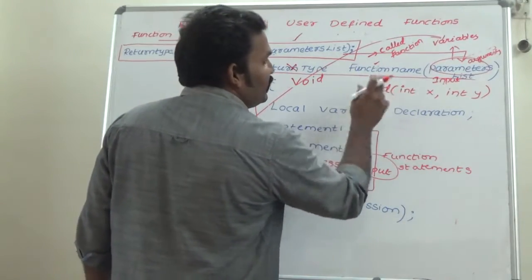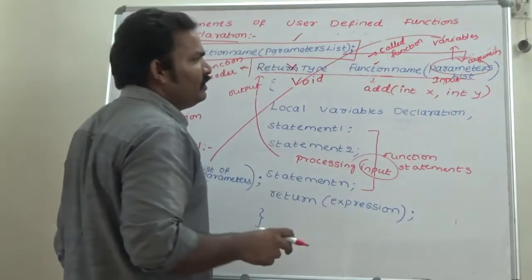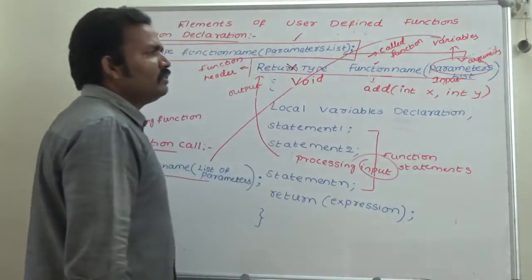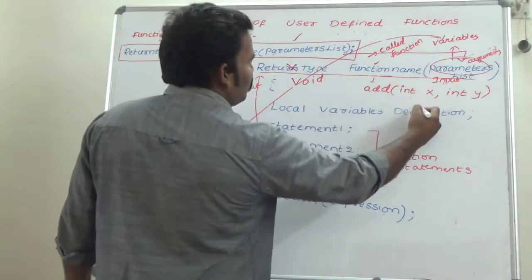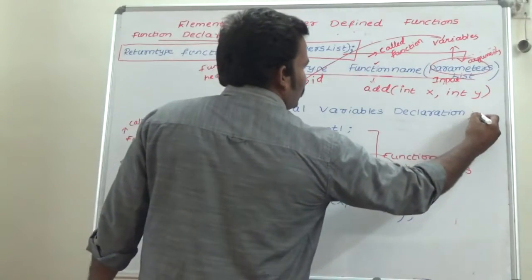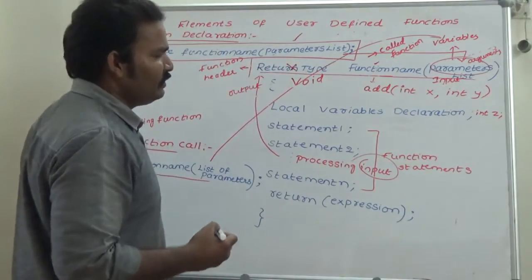Clear? Add function is taking 2 values. The first value is stored in x variable and the second value will be assigned to y variable. And here we have to write the logic of the function. Here I am declaring a third variable z.